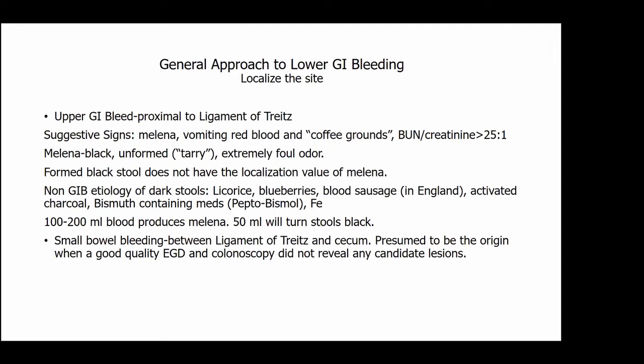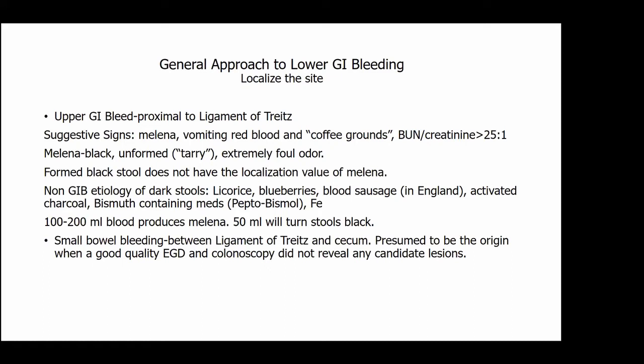Melena specifically is black, unformed, sometimes called tarry stools that have an extremely foul and distinctive odor. A formed black stool is not melena and does not have the localization value of melena.